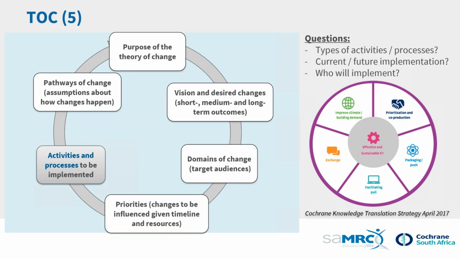We also ask ourselves whether we'll be focusing on teaching KT audiences how to interpret our research findings, whether we'll be focusing on building bi-directional relationships with KT audiences. So we need to make decisions about the activities, the processes, and the outcomes that we'll be implementing.